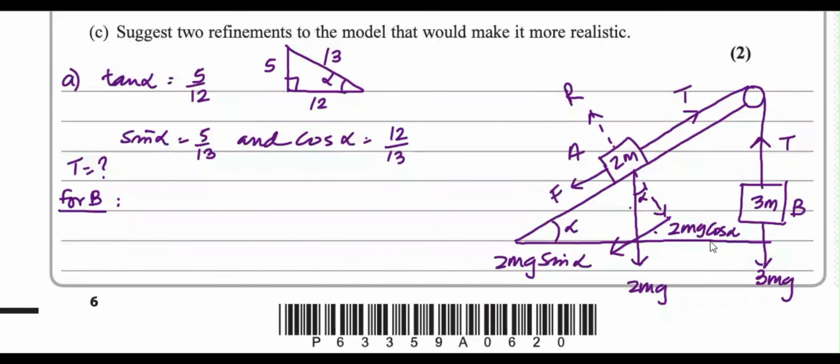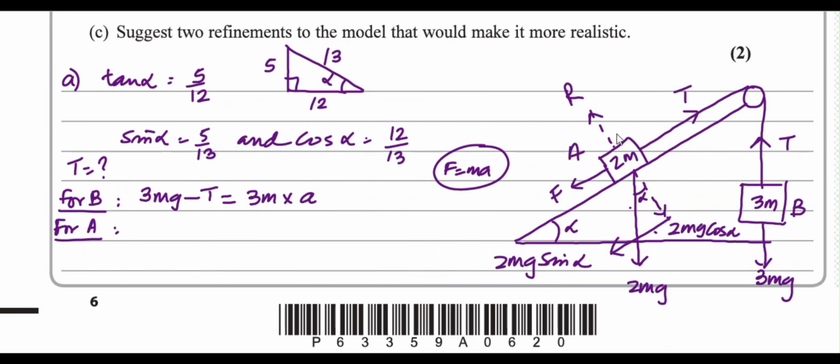For B, 3 mg is acting downwards, overcoming the tension which is upwards. Therefore, we could write 3 mg take away tension is equal to ma, that is 3m times the acceleration. We are following F is equal to ma here. Right, and then for A, the tension is pulling the block A upwards.